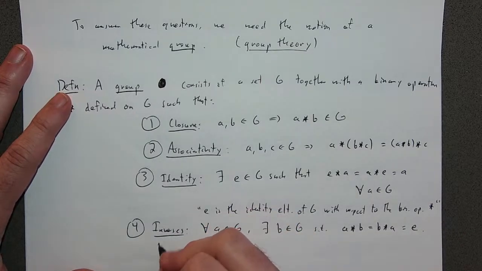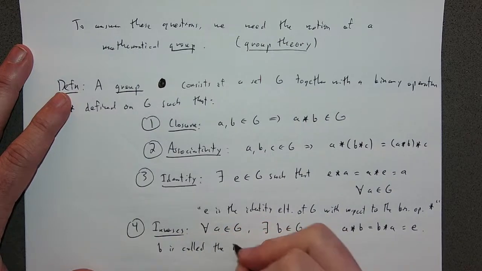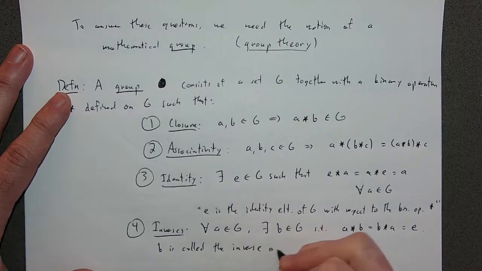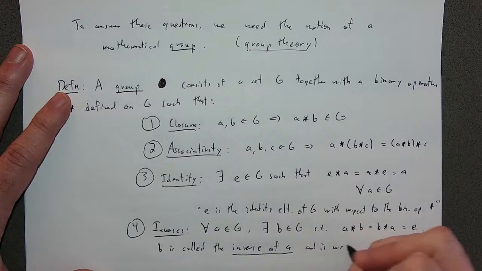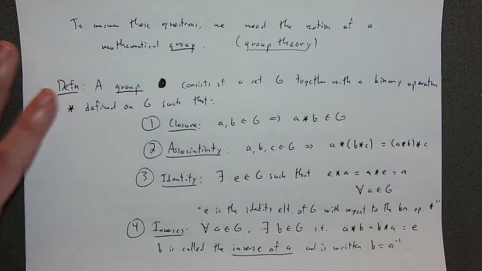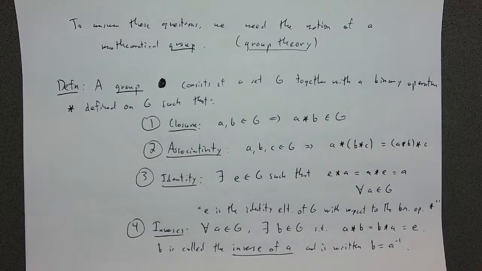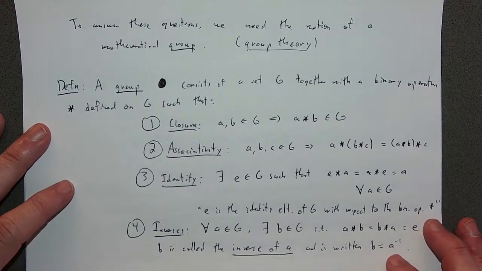B is called the inverse of A and is written A inverse. So there exists this identity element.